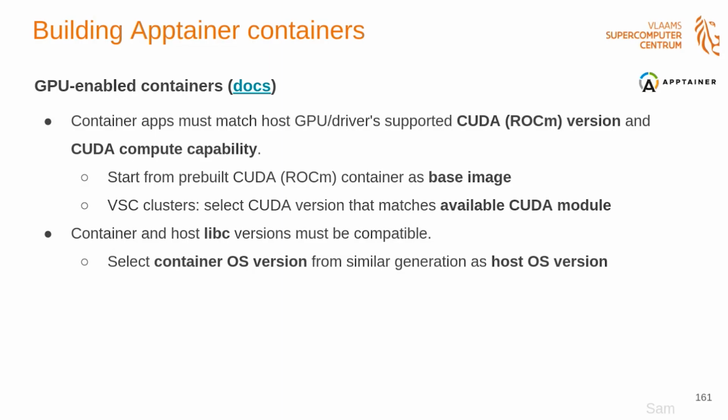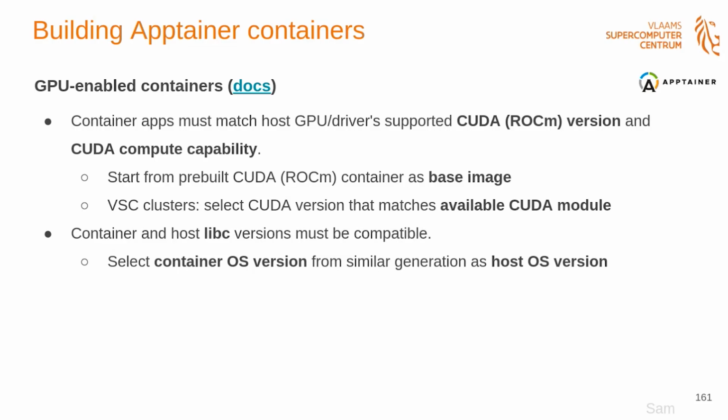So how do you do that? Well, the simplest way is to check all the modules that are already available in the cluster and use a CUDA version that is there, and then you will be sure it will also be compatible with the NVIDIA drivers on the cluster.